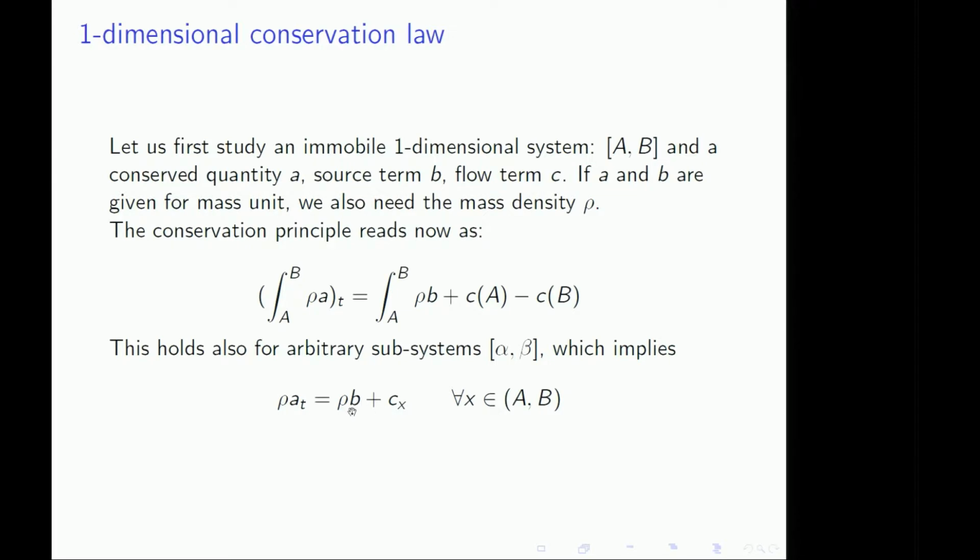So this is the source term. This is the difference of incoming and outgoing flux through the boundaries of the infinitesimal environment of the actual point. So this is how the conservation law looks in mathematical terms in a simple steady system that's not moving around.